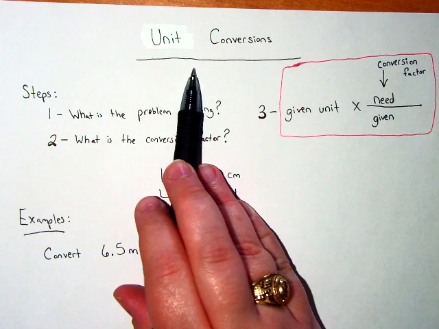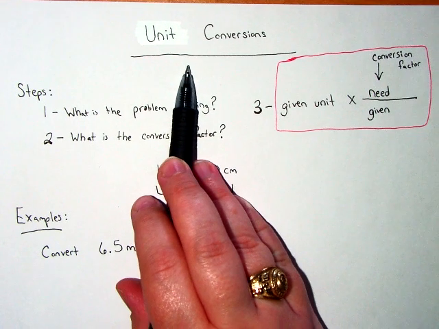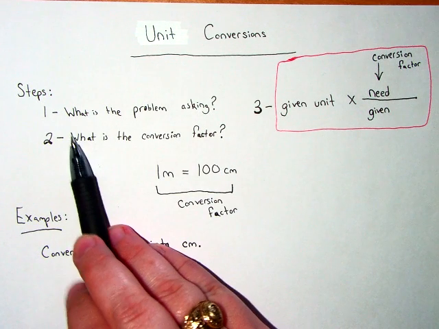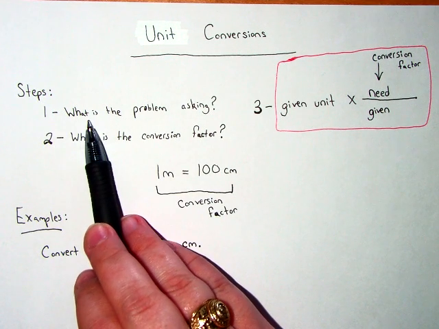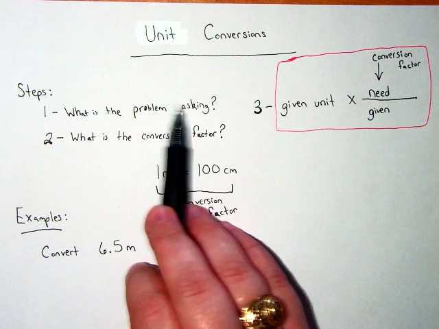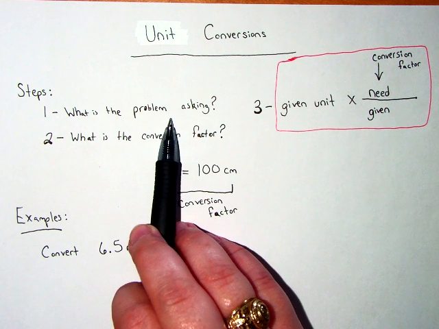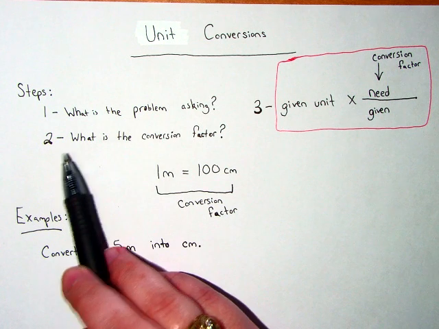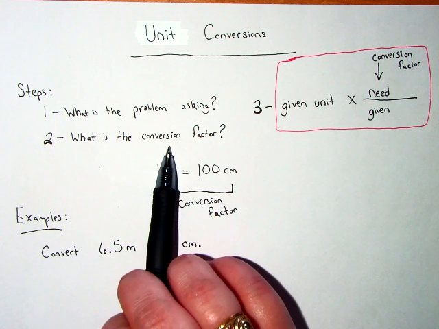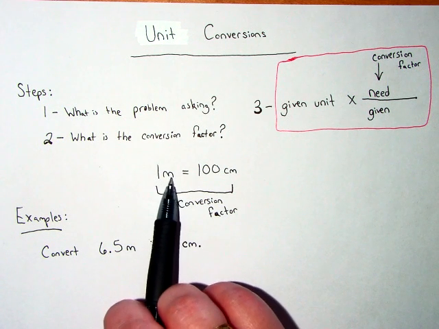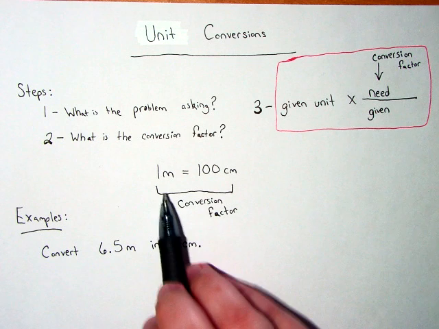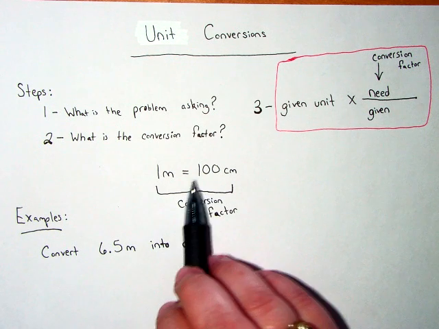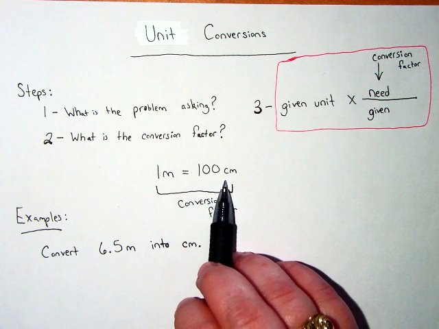Okay, so when we're doing unit conversions, trying to go from one unit to another, we need three basic steps. Step one, what is the problem asking for? What are you given? What do you need to get to? Step two, what is the conversion factor? A conversion factor is an equivalence. So 1 meter is equal to 100 centimeters.